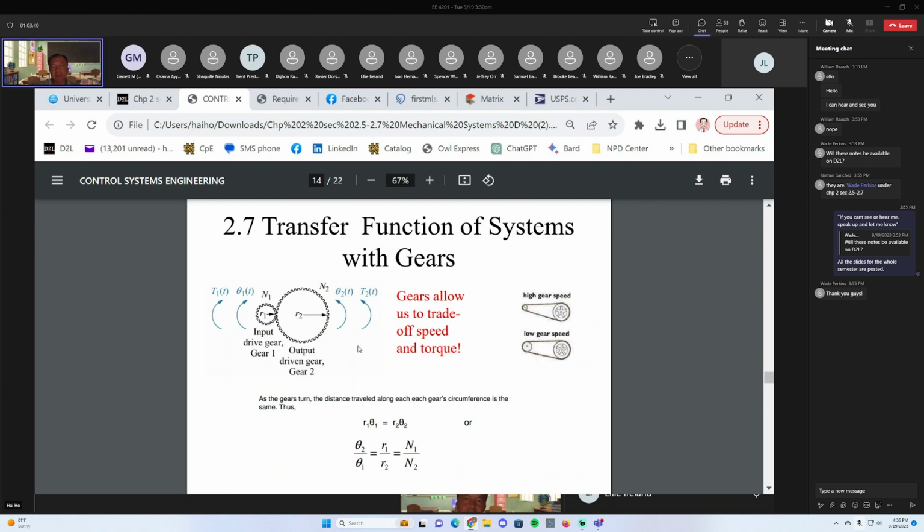If you're willing to compromise a little bit of speed, you're able to still get your bike up the hill. And so the magic here is the gear ratio, a gear system that amplifies the input torque.